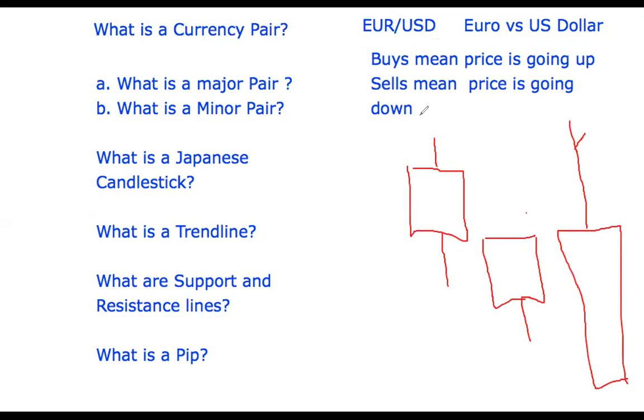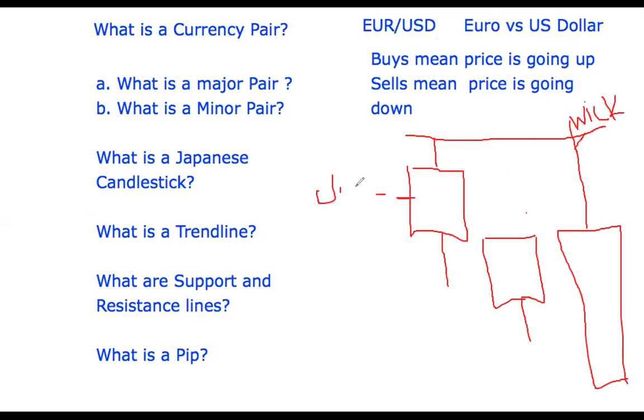It rejected around this zone right here. But this is considered a wick. That's considered a wick. This right here is considered a candlestick, a Japanese candlestick.